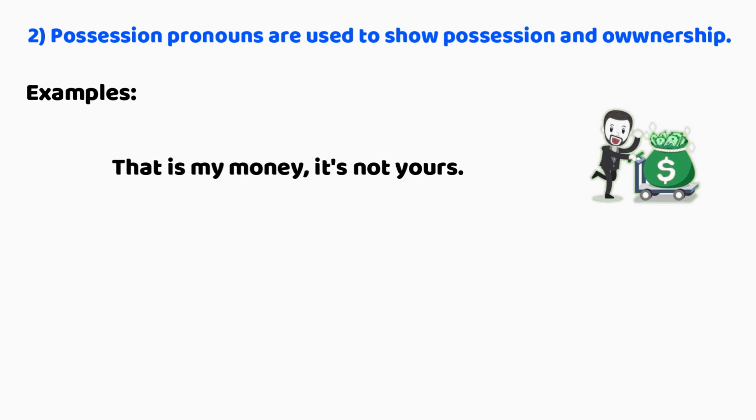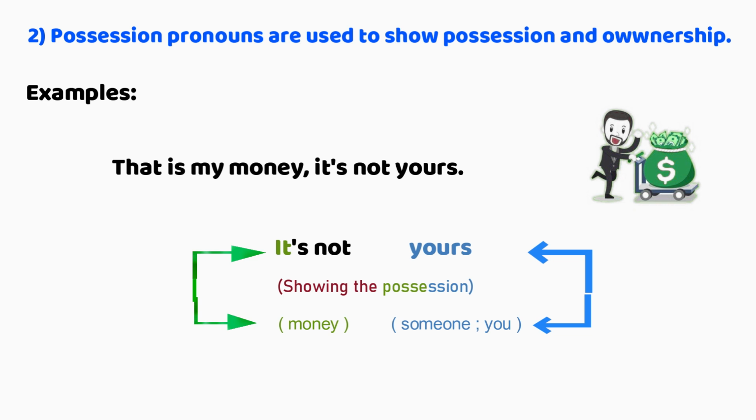The first one, that is my money. The second one is not yours. Let's notice the second one, it's not yours. So it here replaces the money, and yours is a possessive pronoun.